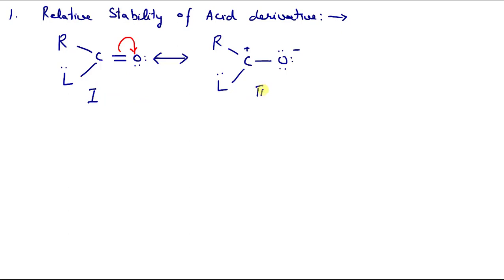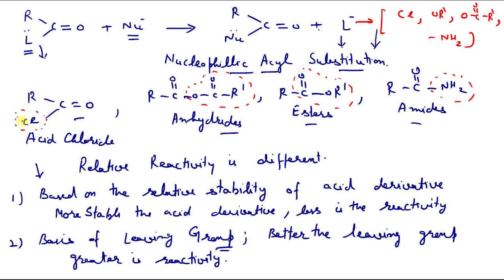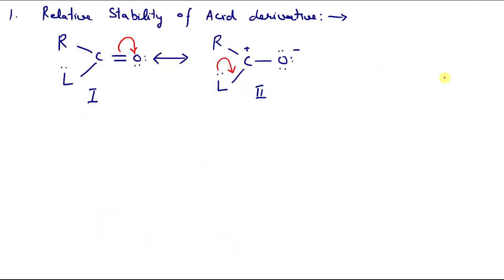This is the second. Next we have this atom which is attached to the carbon, depending upon the type of acid derivative. All these atoms, be it halogen, oxygen or nitrogen, have a lone pair of electrons, so they can participate in this resonance.